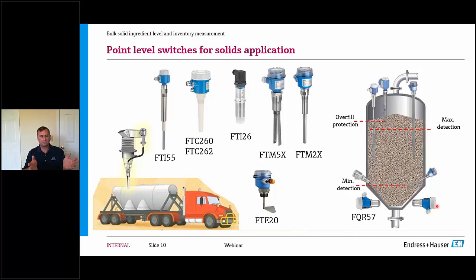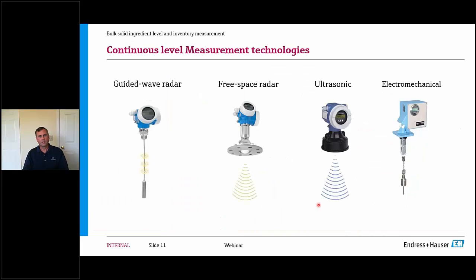It needs to be a polycarbonate or some kind of plastic window, and it essentially looks through that window so that you don't have anything in direct contact with your product. So that's a non-contact option for level measurement. Those are the options that you have for solids point level switches.